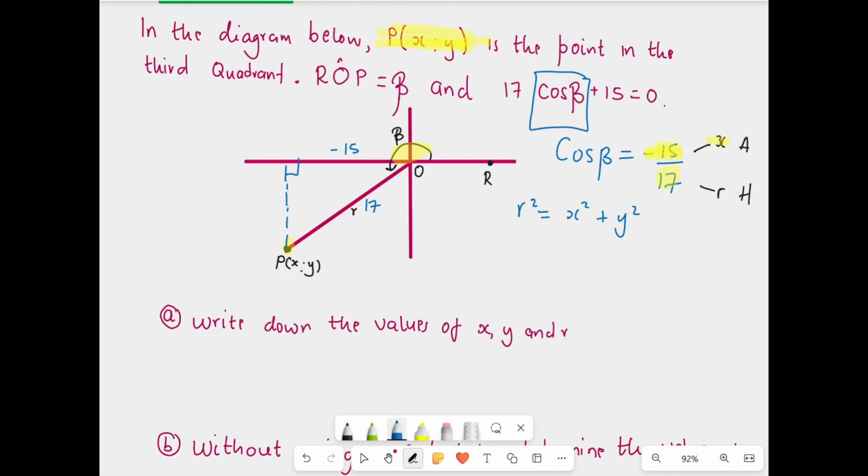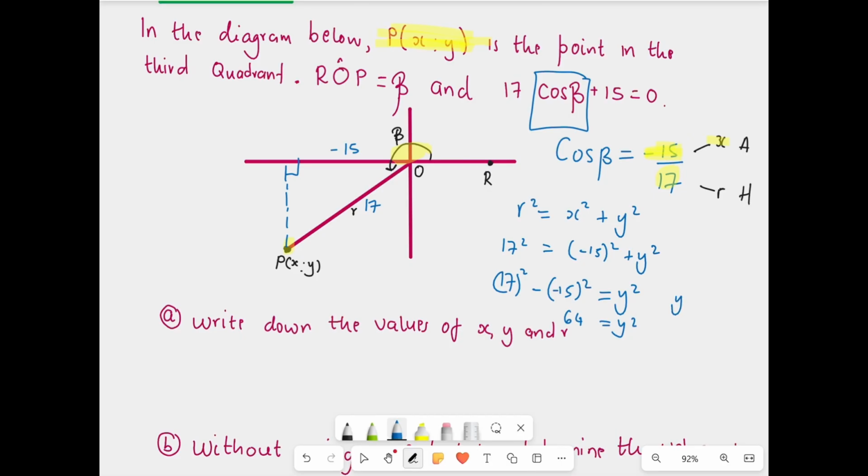Now we do have our r, which is 17 squared, is equal to, we do have our x, which is negative 15 all squared, plus y squared. Now we are going to have 17 all squared minus negative 15 all squared is equal to y squared. Now this will give us 64 is equal to y squared, and then we are not looking for y squared, so we are going to put a square root on both sides.